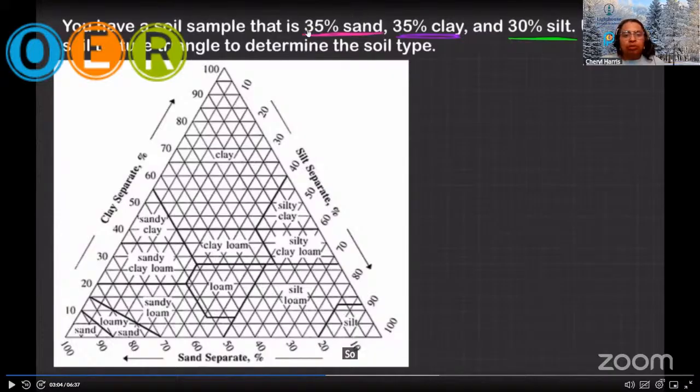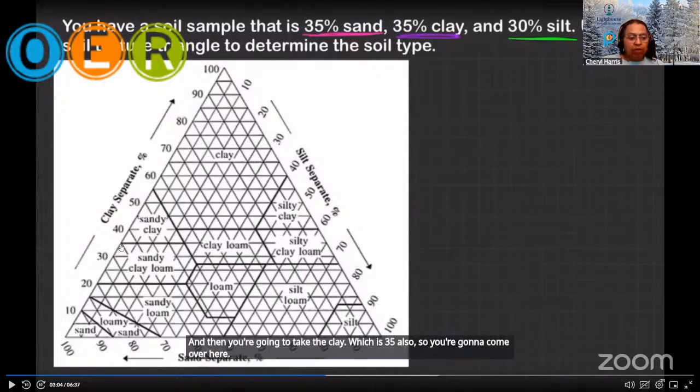So your characteristics, you're going to start with the sand, do the 35. So start right with this line that's right here, 35, and you're going to go up. And then you're going to take the clay, which is 35 also. So you're going to come over here and you're going to go all the way across.